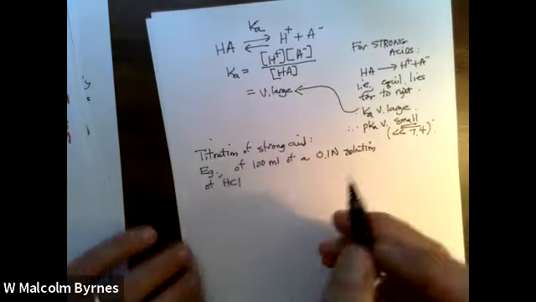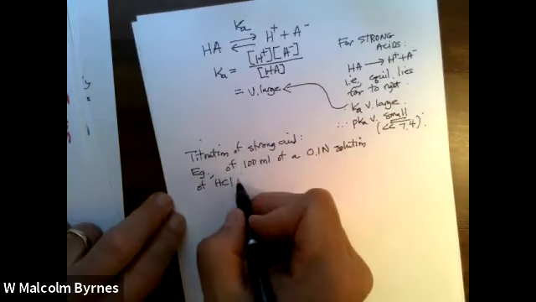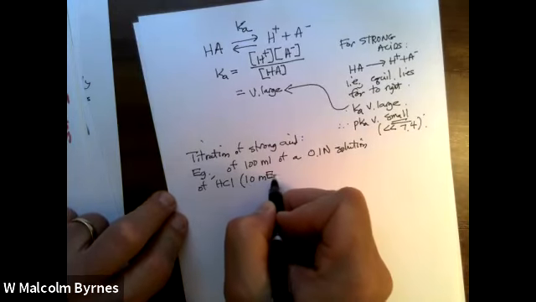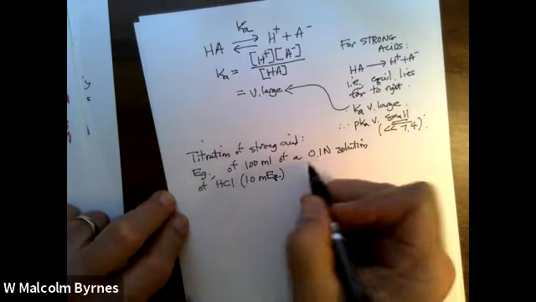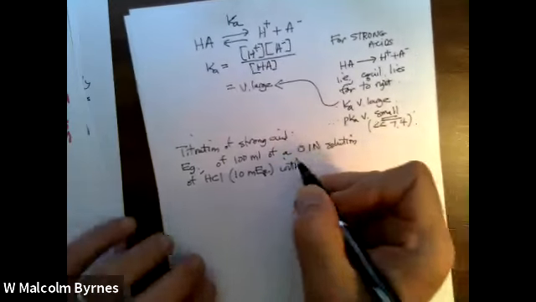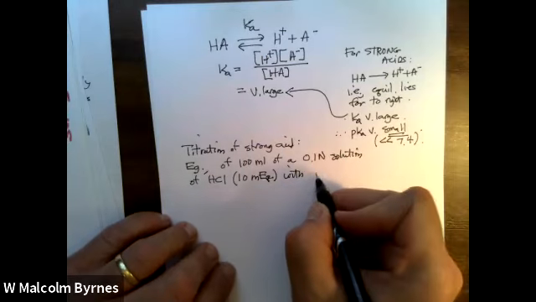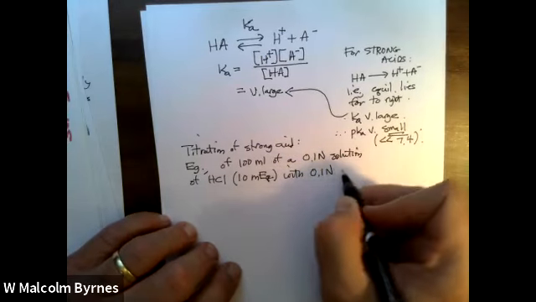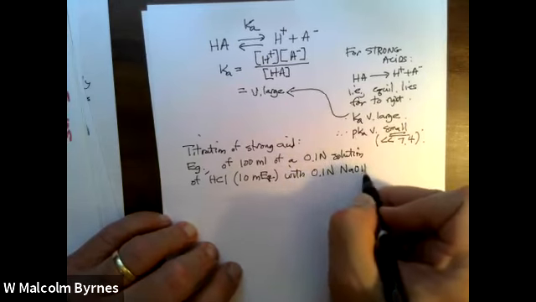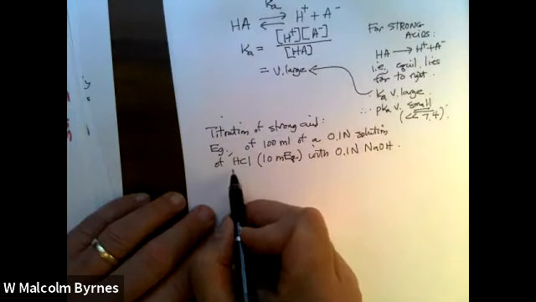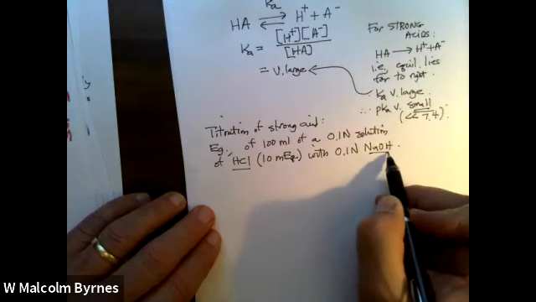And by the way, that would constitute 10 milliequivalents of that acid, with a solution of sodium hydroxide of the same concentration, 0.1 normal sodium hydroxide. So we're titrating a strong acid with a strong base.